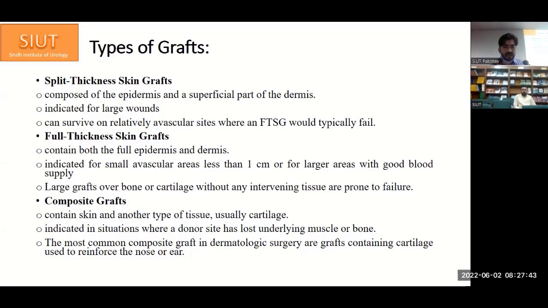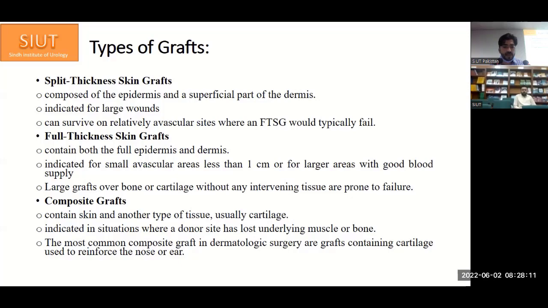Full thickness skin graft contains both full epidermis and dermis, indicated for a small avascular area less than 1 centimeter or for a larger area with a good blood supply. Large grafts over bone and cartilage without any intervening tissue are prone to failure. Composite graft contains skin and another type of tissue, usually cartilage, indicated where a donor site has lost underlying muscle or bone.